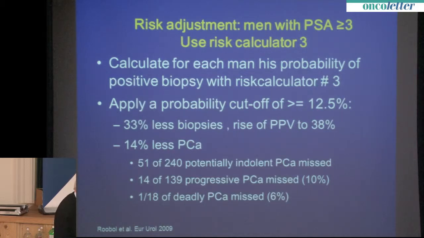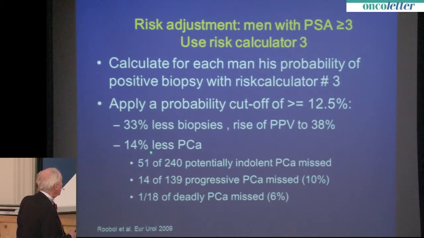Remember, PSA alone, 21%. So she used a lower cutoff, which made it much more sensitive. She found that this would lead to 33% fewer biopsies. The PPV went up to 38, and she would detect 14% fewer prostate cancers.